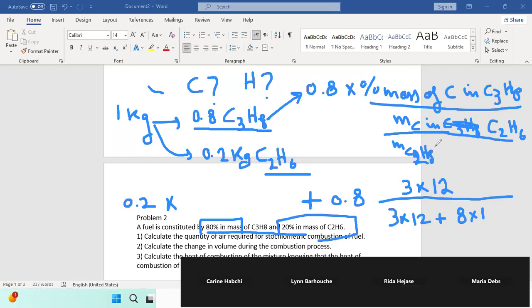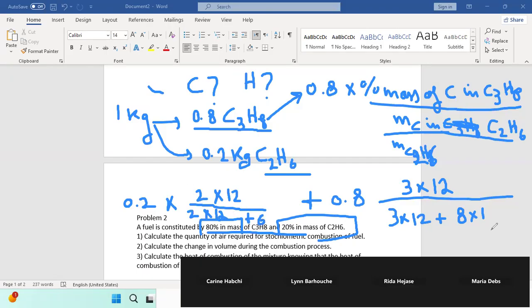In 1 kilomole of C2H6, we have 2 kilomole of C. So the mass will be 2 times 12, which is the molar mass of carbon, over the molar mass of 1 kilomole of C2H6, which is 2 times 12 plus 6 times 1, so plus 6.